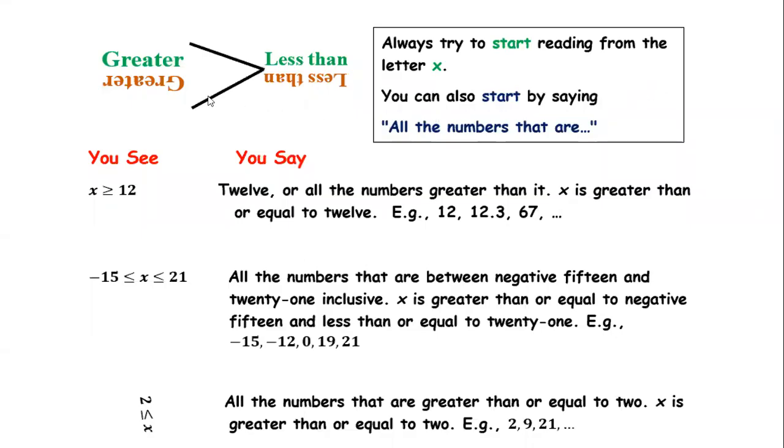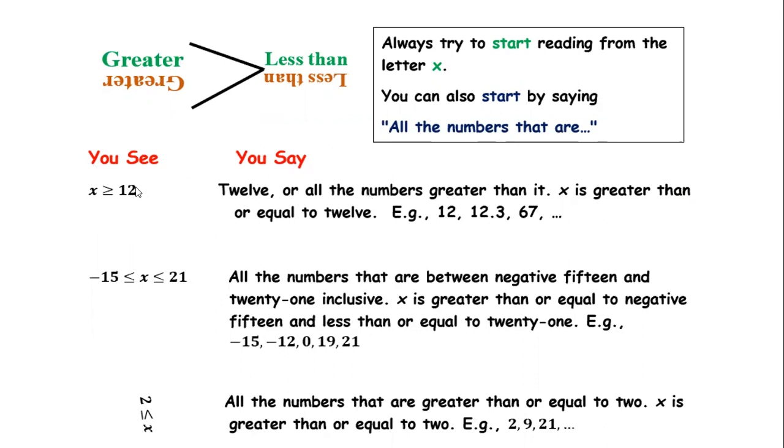Here are some more examples. Greater than, the opening part, less than, the point. Always try to start reading from the letter X, and you can also start by saying all the numbers that are. What do you see when you see this? You can say 12 or all the numbers greater than it.